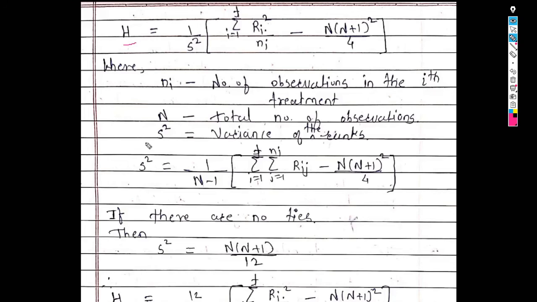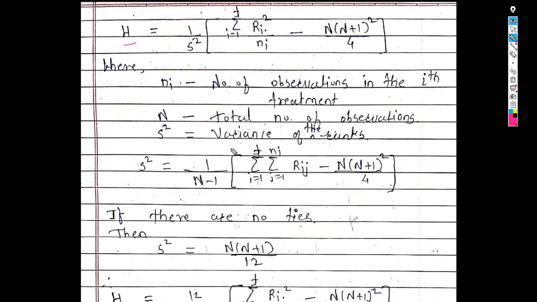Okay, so S² is the variance of the ranks, and how do we define this? S² is 1 upon (N − 1) times [summation i from 1 to t, summation j from 1 to ni, of Rij² minus N(N+1)² upon 4]. So this is the variance of ranks when there are ties.